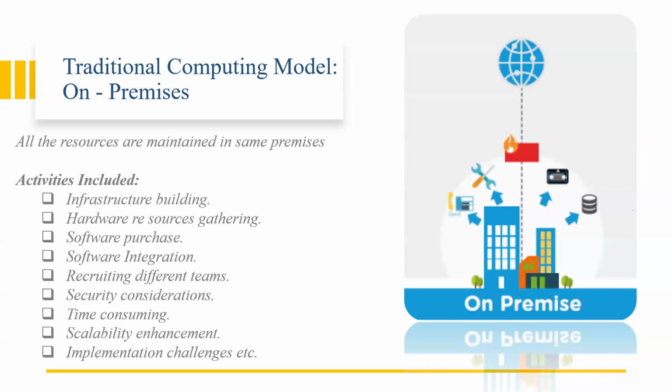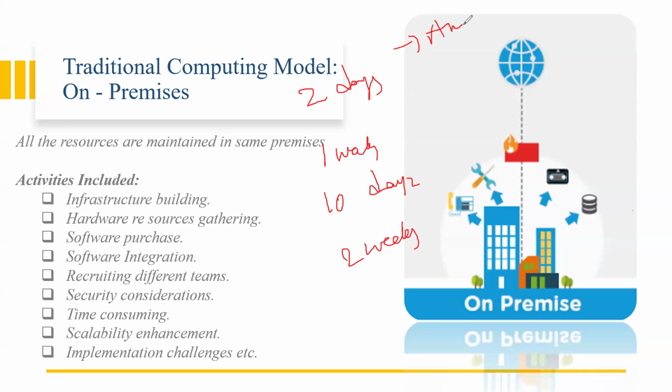So you have sales time. The sales will be for 2 days, or 1 week, or 10 days, or 2 weeks, for example. Take Amazon.